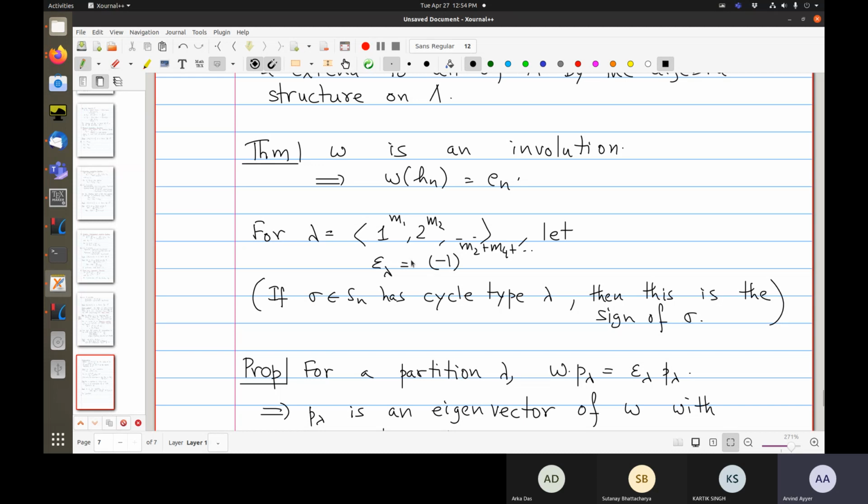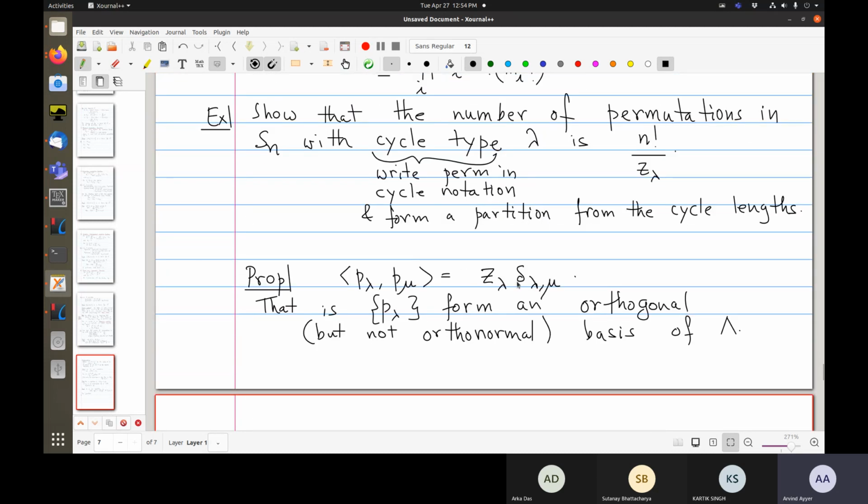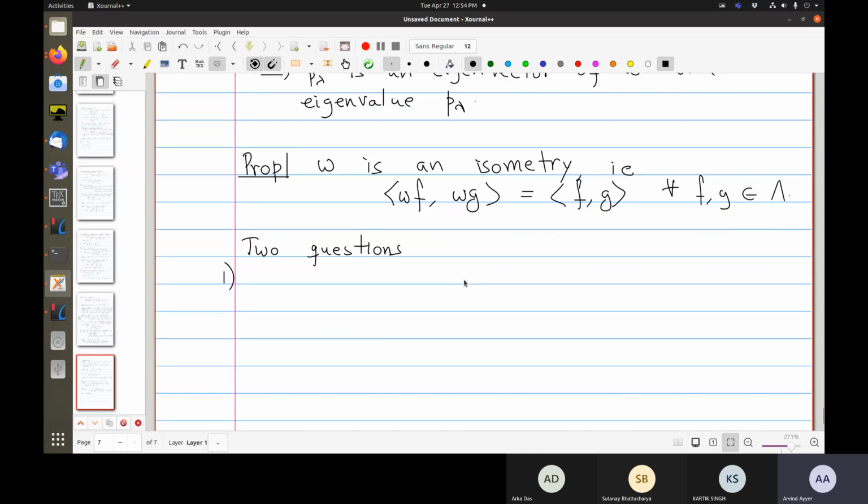P lambdas come close, they are an orthogonal basis, but not orthonormal. So the question is: is there a natural orthonormal basis in lambda?